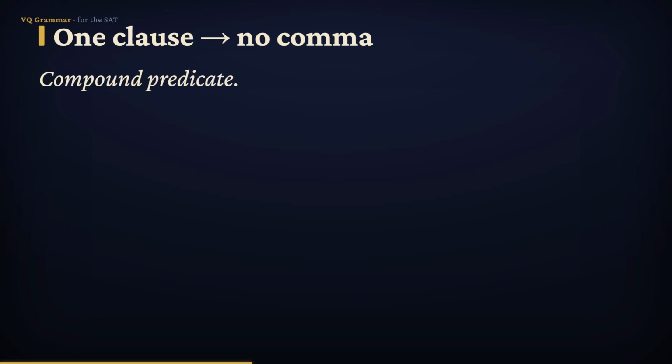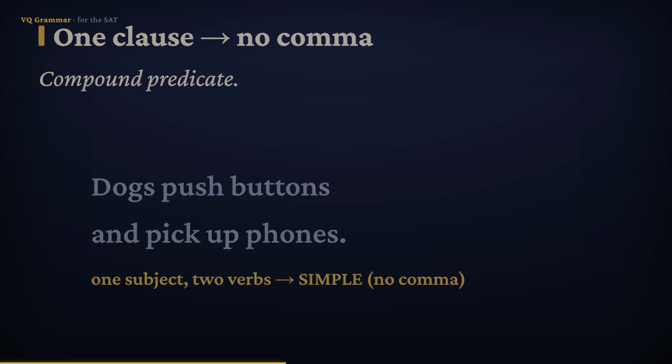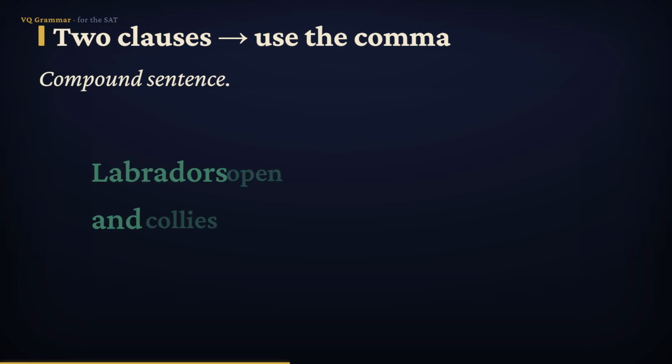Here's the comma trap, and it's the same one we saw with compound predicates. Compare. Dogs push buttons and pick up phones. That's one subject with two verbs, a compound predicate. Still just one clause, so no comma before and. But.